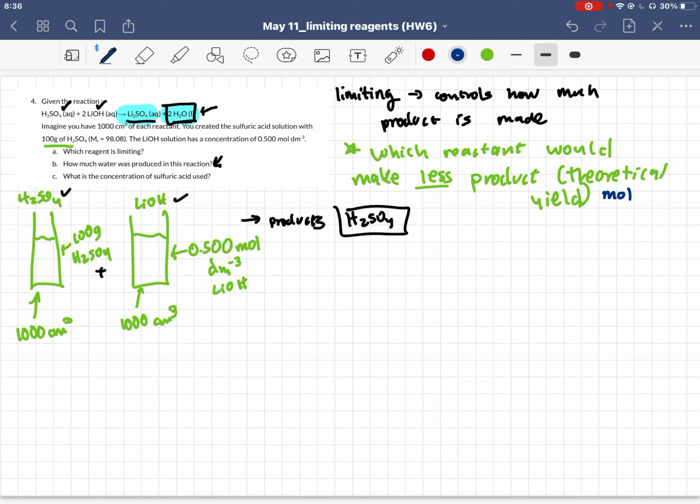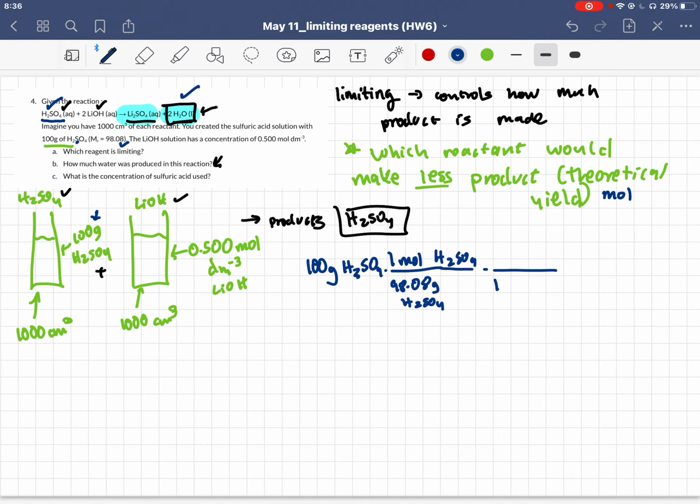All right, so H2SO4, what information do I have about H2SO4? Well, I have this amount, 100 grams of H2SO4 that was used to make this solution. I'm then going to convert to moles using the molar mass. 98.908 grams H2SO4, 1 mole H2SO4. I'm then going to convert between H2SO4 and H2O using molar ratios.